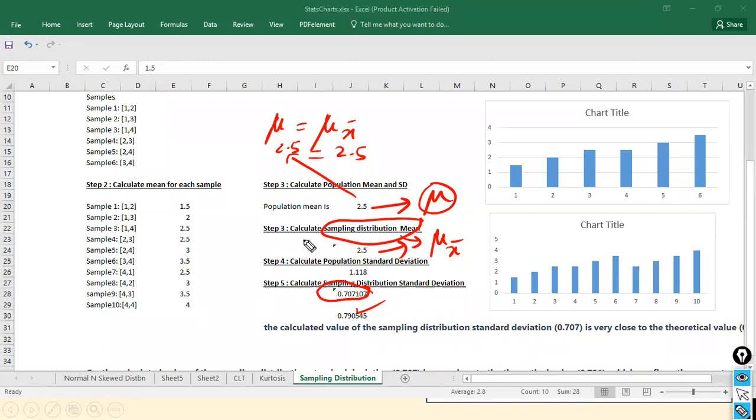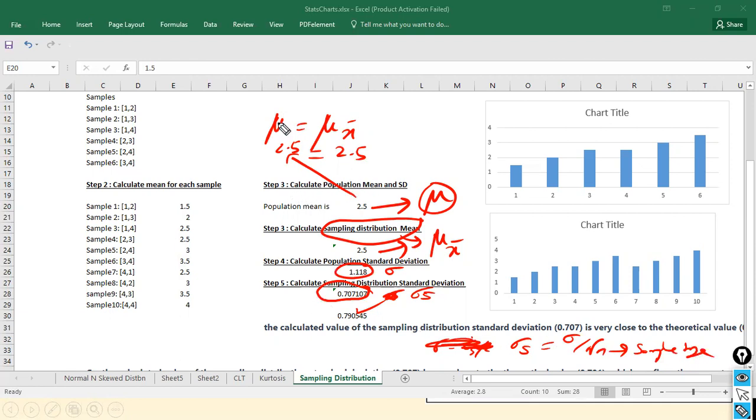The population standard deviation is sigma, and the sampling distribution standard deviation is sigma x bar. So sigma x bar is equal to sigma divided by the square root of n. The n is nothing but the sample size.